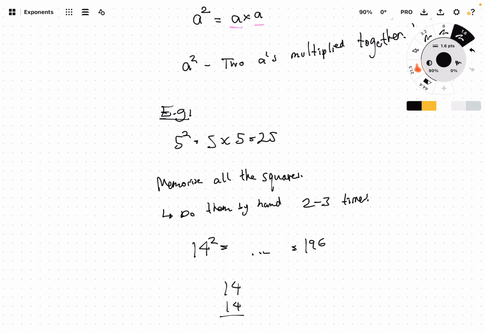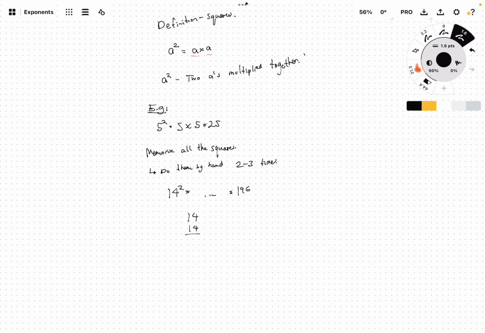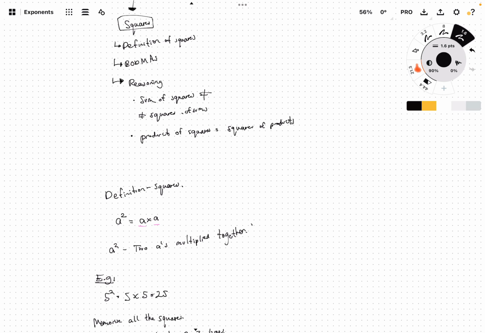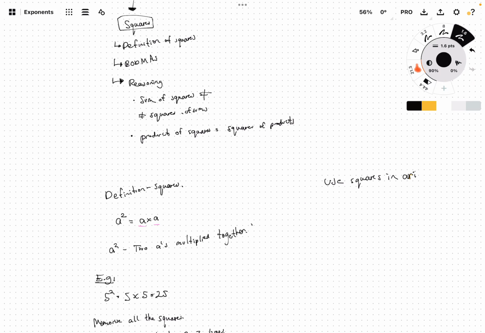But anyway, let's jump to some more interesting examples. The first skill we want to do with squares is to use squares in arithmetic expressions.